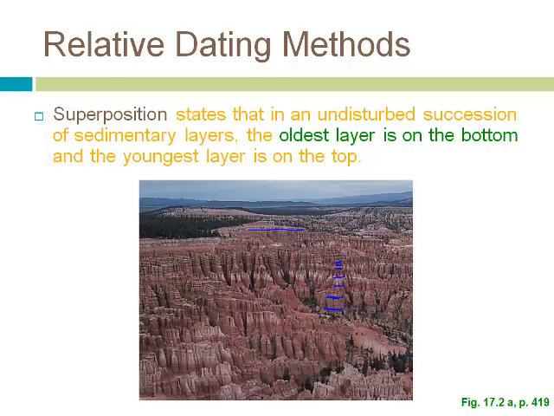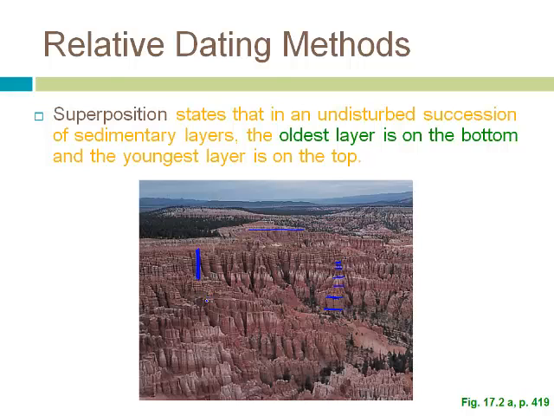And then we have the cross-cutting relationships, which would be like when we cut through the paint. So if we have an inclusion, and we were to cut through this inclusion with this blue, it would be younger than the rocks themselves because it's cutting through the rock, and that's the cross-cutting relationship.